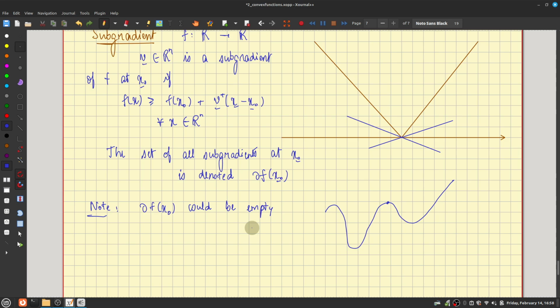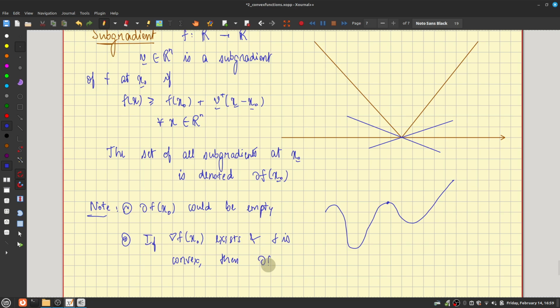It's possible that a unique subgradient exists. In fact, if the gradient of f exists at x naught, with a little more caveat, and f is convex, then there exists a unique subgradient and it's equal to the gradient itself.